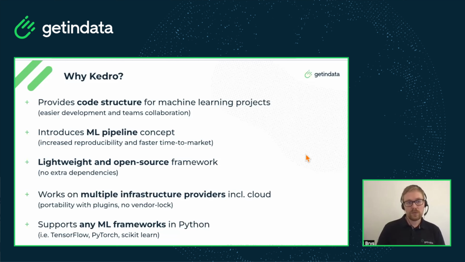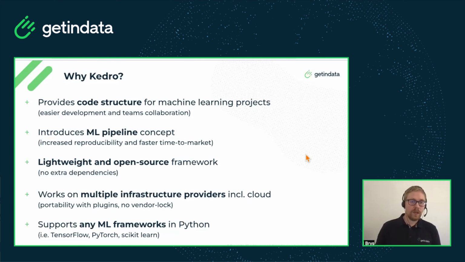Kedro is also a really lightweight, open source framework, so you don't have extra dependencies. This is really important because Kedro itself is a really lightweight, thin layer of your ML project, because it provides only a few concepts, but really fundamental ones. Also, Kedro works on multiple infrastructure providers, including cloud, because you may run your machine learning pipelines on your laptop, on your on-premise infrastructure, or on multiple cloud providers.